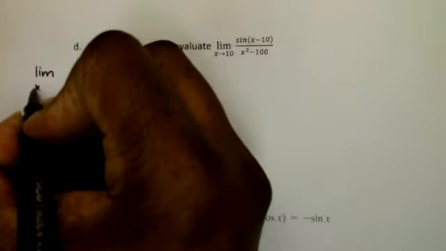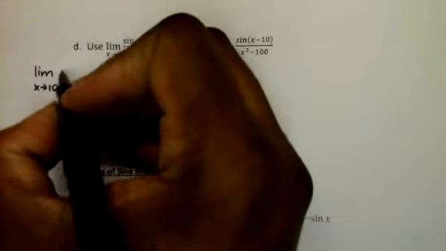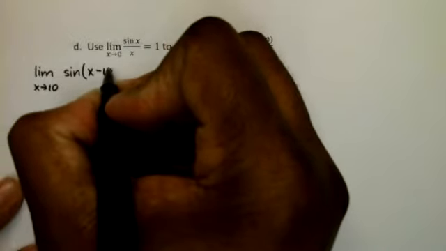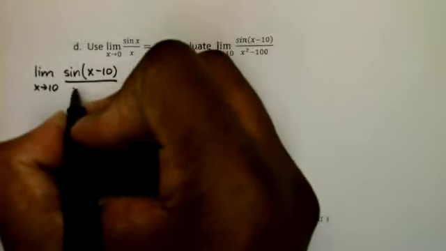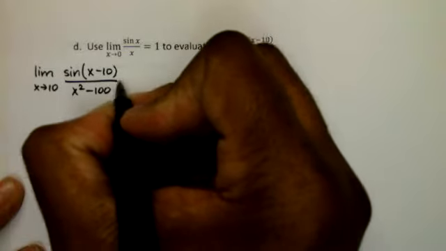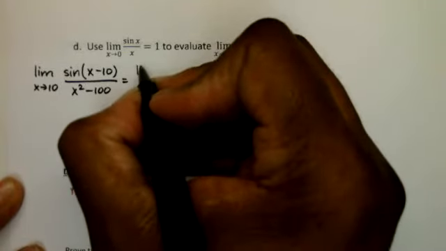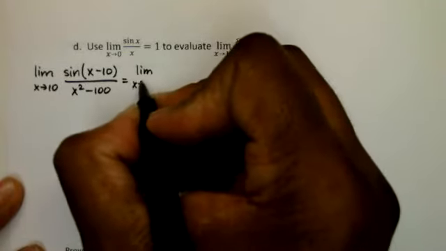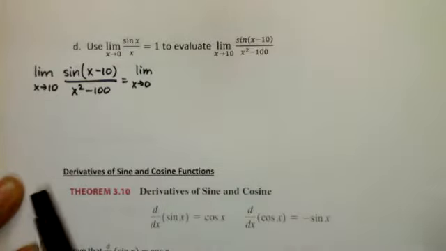So I'm going to start with the limit as x approaches 10 of sine of the quantity x minus 10 divided by x squared minus 100. All right, so I'm going to bring over the limit as x approaches 10.